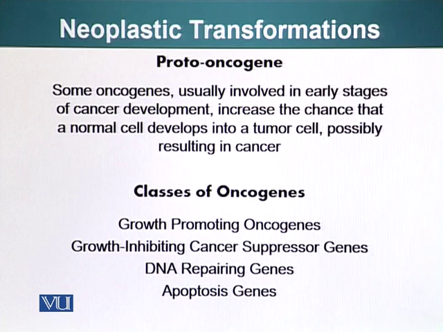We are going to talk about 4 classes of oncogenes or proto-oncogenes. Growth-promoting oncogenes, genes whose products cause cells to grow or divide or multiply. Growth-inhibiting cancer suppressor genes, the name is explicit on its own. DNA repairing genes, genes that function in DNA repairing. So if there is DNA damage and our DNA repairing genes are not able to perform their function, it can also result in cancer.